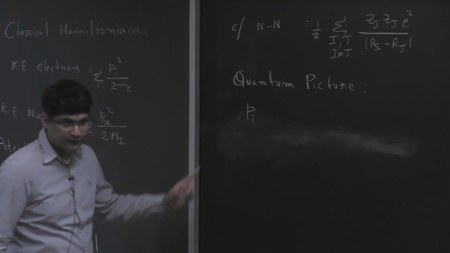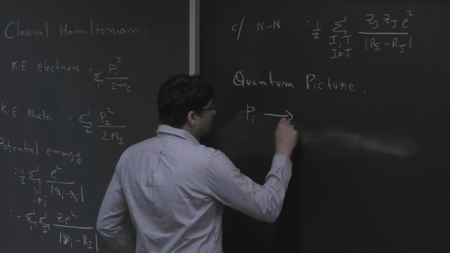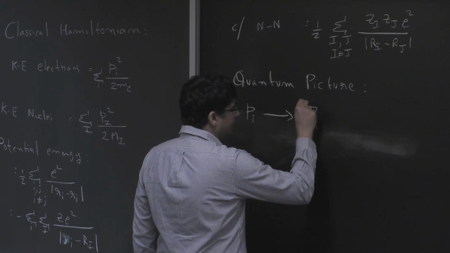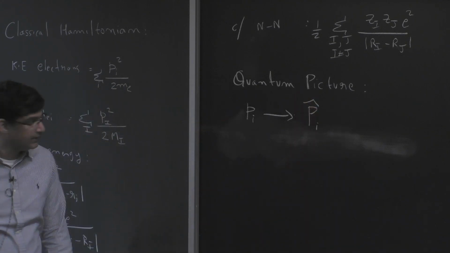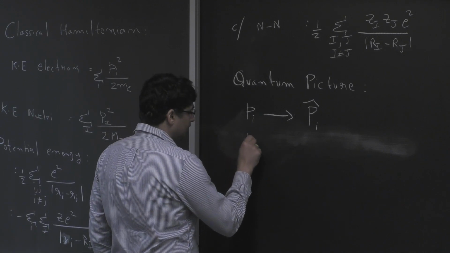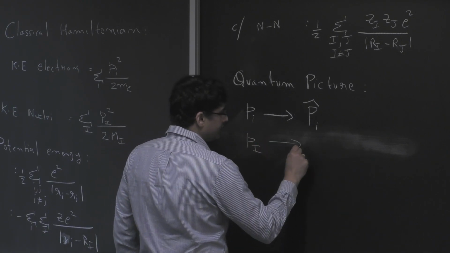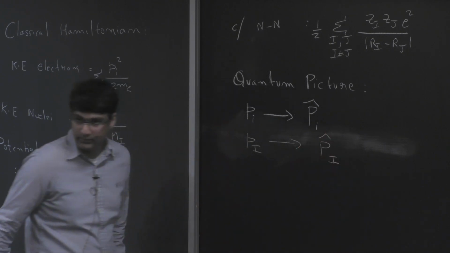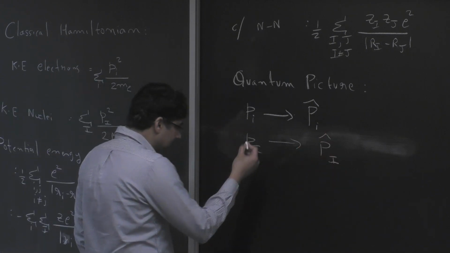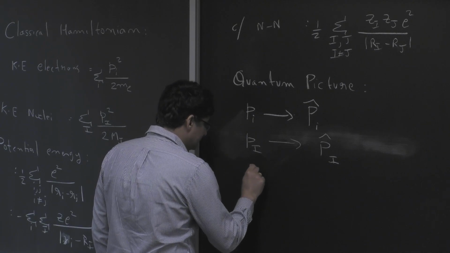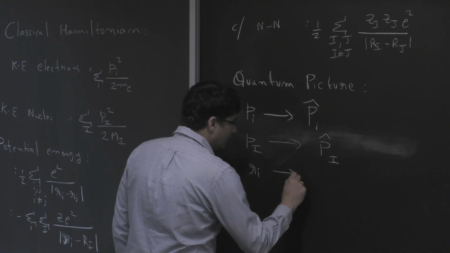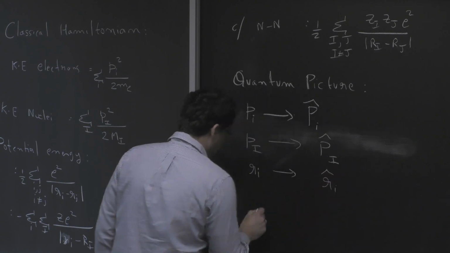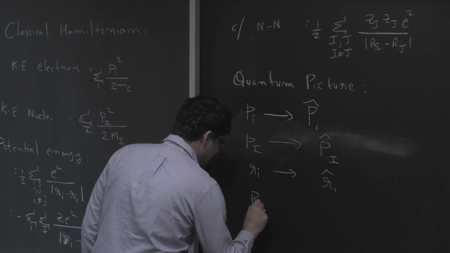The momentum of each of the electrons gets replaced by a momentum operator, p_i, and the momentum of the nucleus gets replaced by a momentum operator, P_I. And each of the positions also get replaced by position operators.